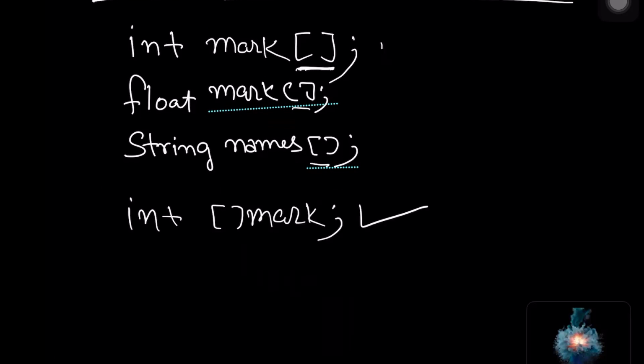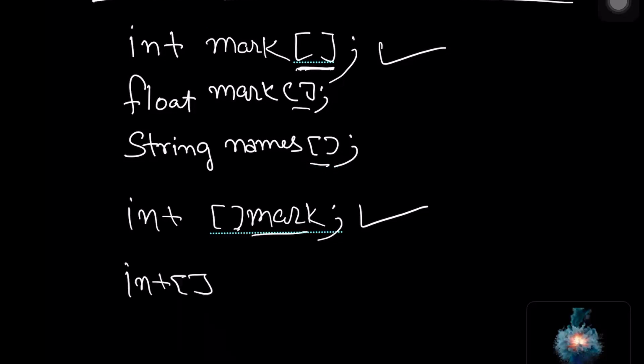Both are valid. You can use it before the variable name or after the variable name, no issue. You can also do int, then the bracket, then mark. You can place it just next to the data type. This is also fine.